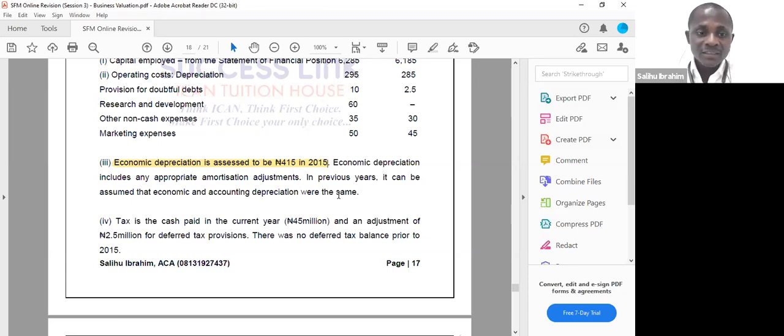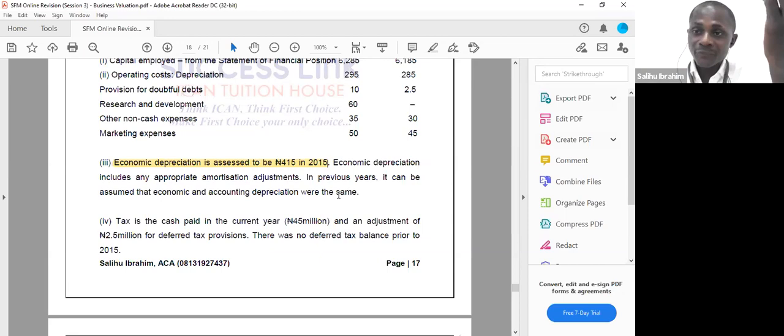So this question says tax is the cash paid in the current year, which is 45 million, and an adjustment of 2.5 million for deferred tax provisions. There was no deferred tax balance prior to 2015.